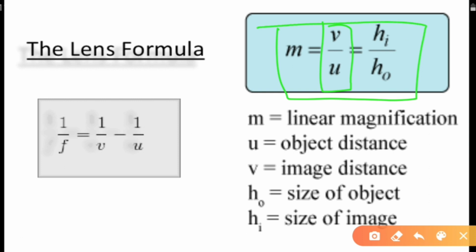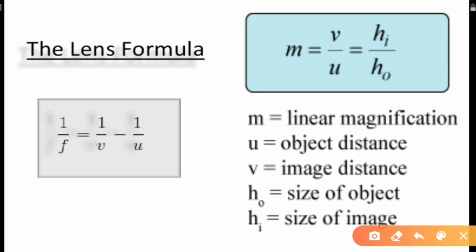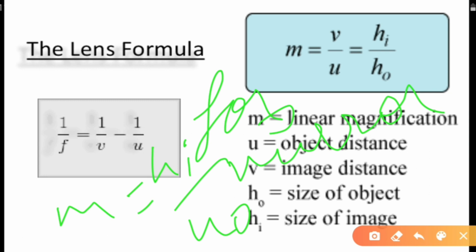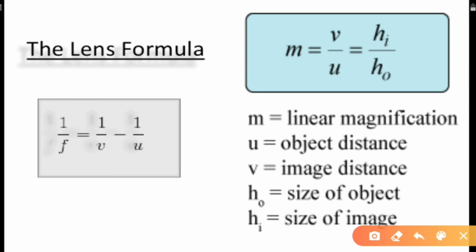While comparing this magnification formula for mirror, you will find that m is equal to hi upon ho is the same for the mirror also. But for the magnification produced by mirrors, m is equal to minus v upon u. But for the magnification produced by lenses, here it is v by u.